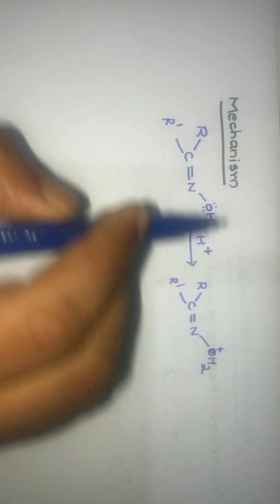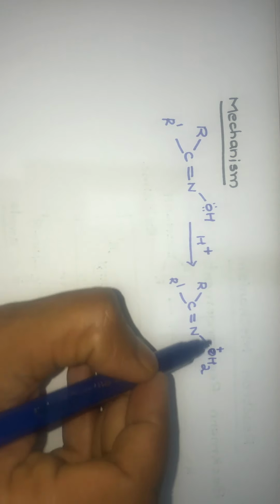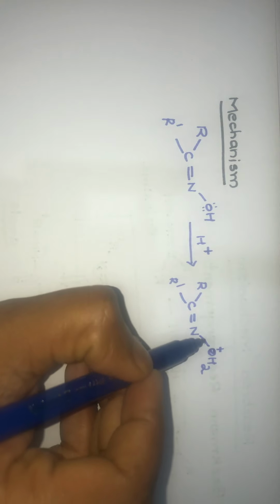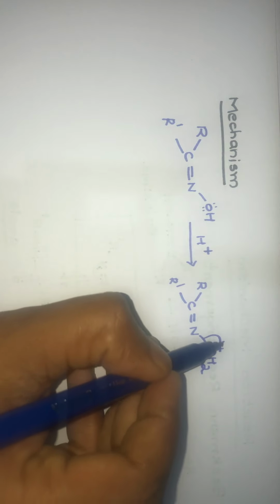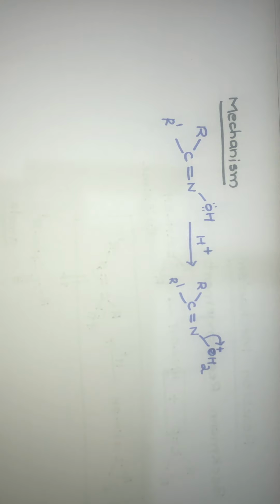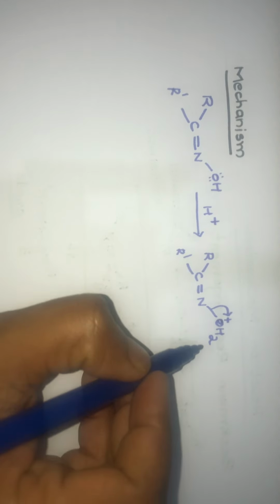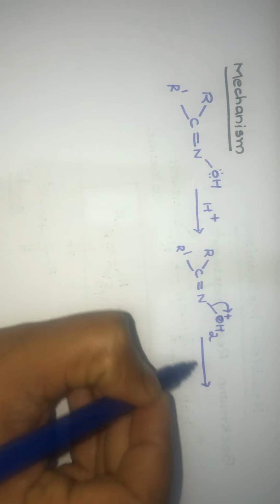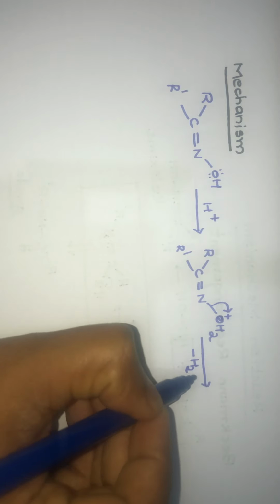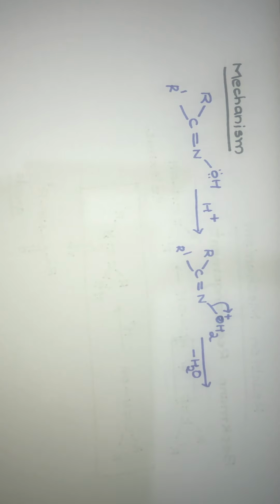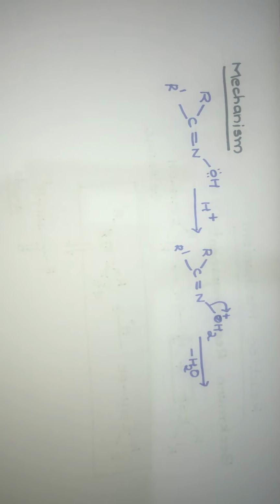Then this oxygen, being positively charged, pulls this electron and moves out as a water molecule. A stable water molecule is lost here. So minus H2O takes place, the water molecule goes off.